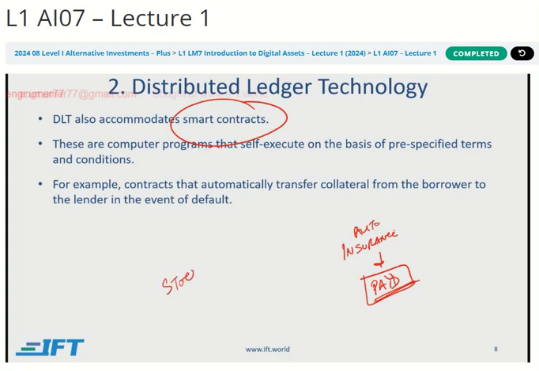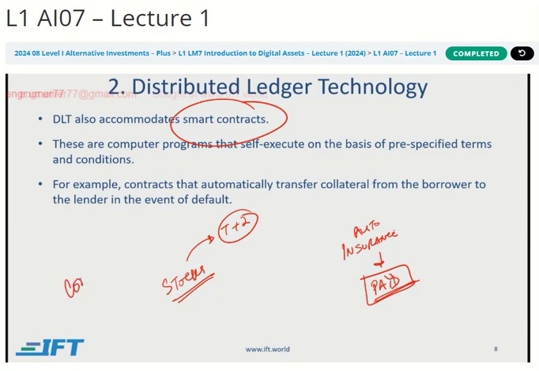Stocks, for example, like we trade in the stock exchange, currently have a T plus 2 settlement, which means if you open an account with the broker, you put the money in and say, okay, I want to buy Apple shares or Google or Amazon. It's a T plus 2 settlement, which means it takes 2 days for the money to go from your account and the shares to be deposited in your account.